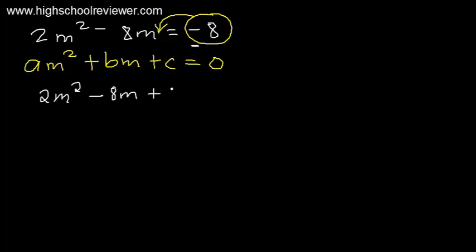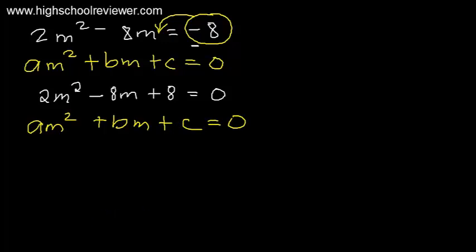This will become positive 8 equals, what will be left here is 0. Okay, so we are now of the form am squared plus bm plus c equals 0.